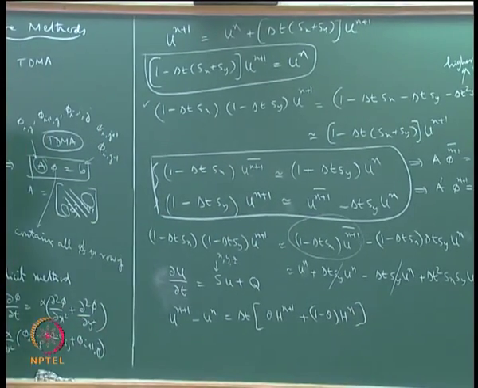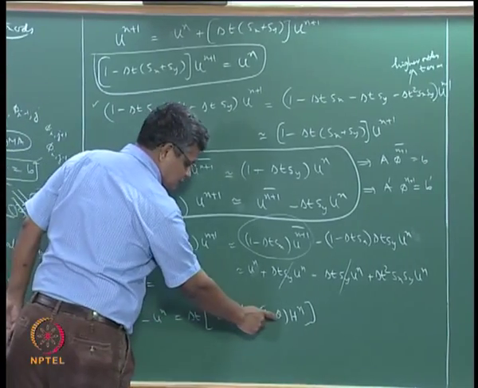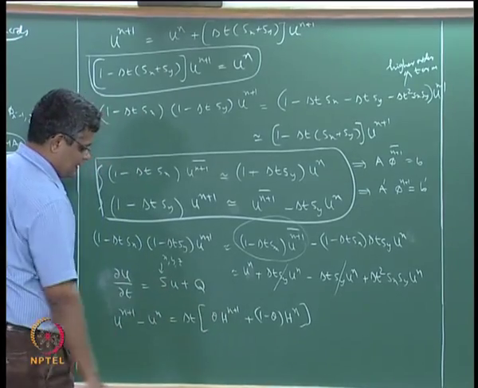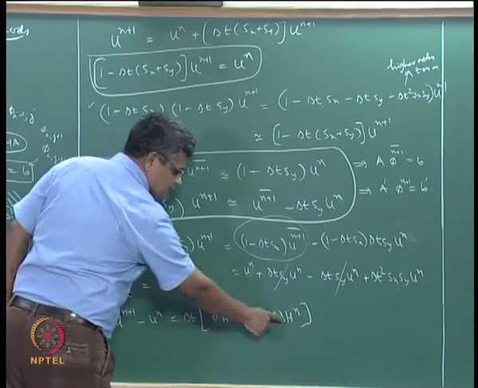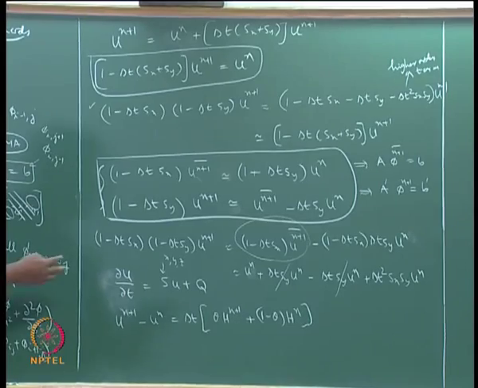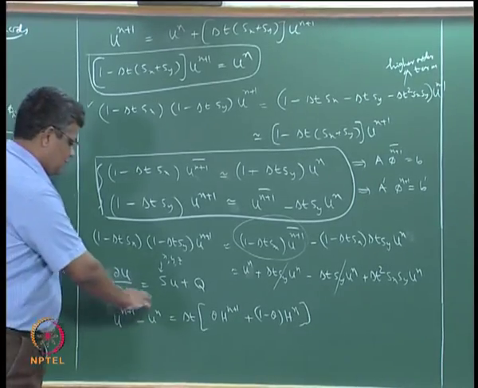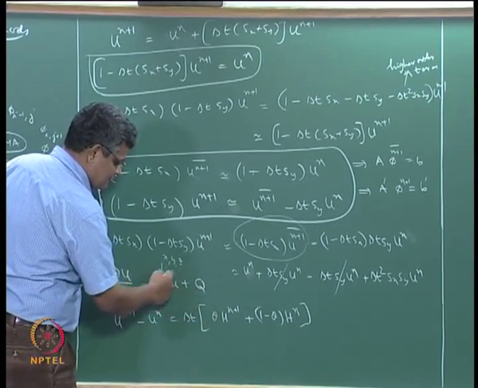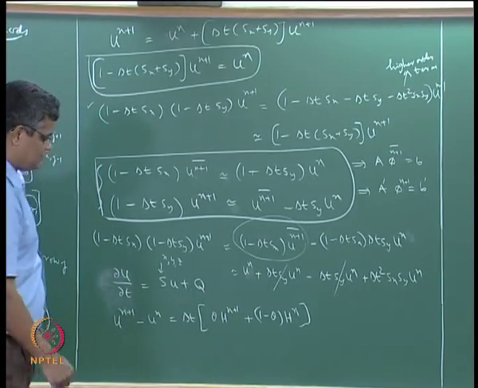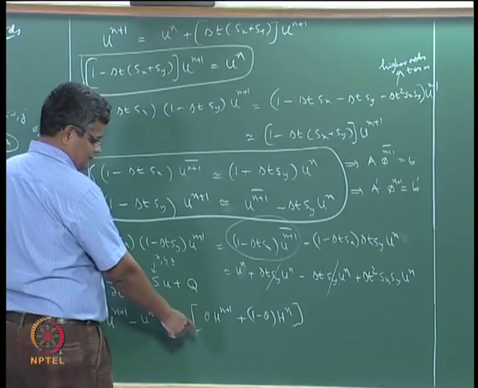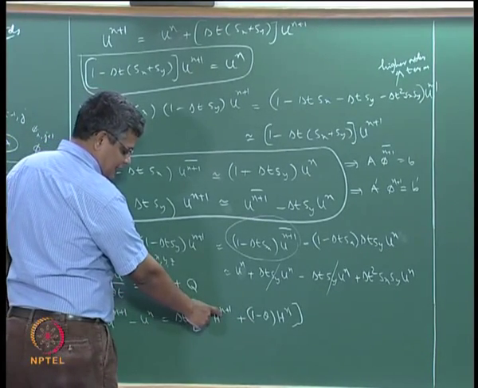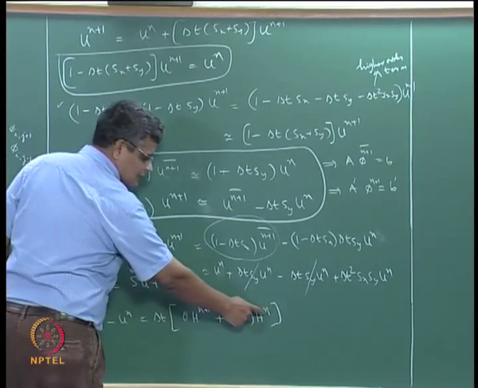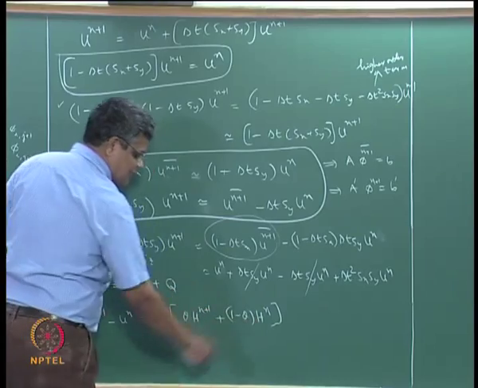And what we mean is, if theta is equal to 1, then it becomes fully implicit. If theta equal to 0, it becomes fully explicit. And if theta is somewhere in between, the right hand side, which is the h, the discretized form of this, h being Su plus Q essentially, is evaluated using n plus 1 values of whatever is relevant for the evaluation of this, using n values in the case of h n here.